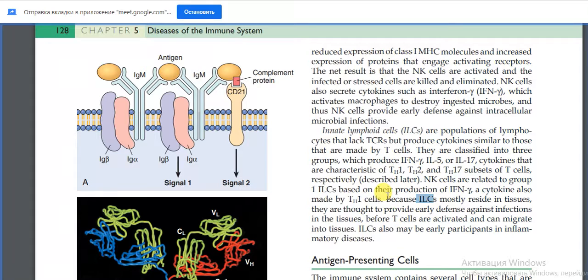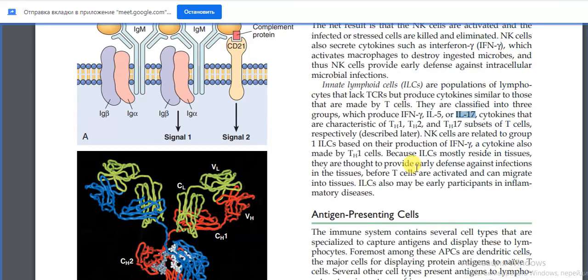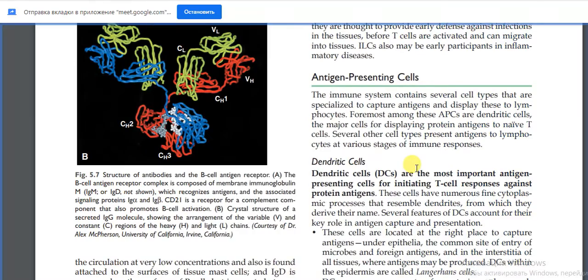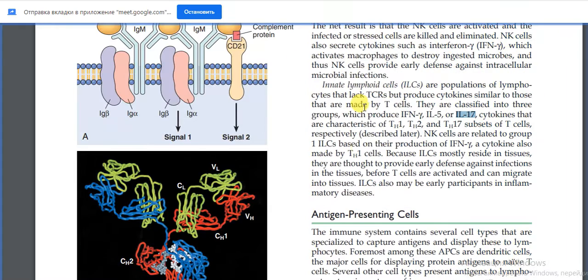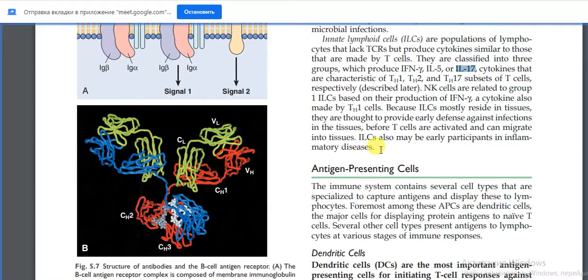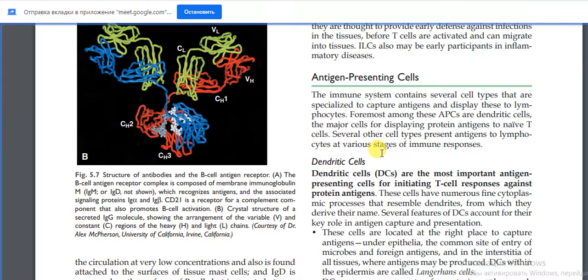For example, by production of interferon gamma, they activate the macrophages. By secretion of interleukin 5 or interleukin 17, they activate different cells, like eosinophils also. Okay, and later these innate lymphoid cells won't be discussed, because it's not so important.